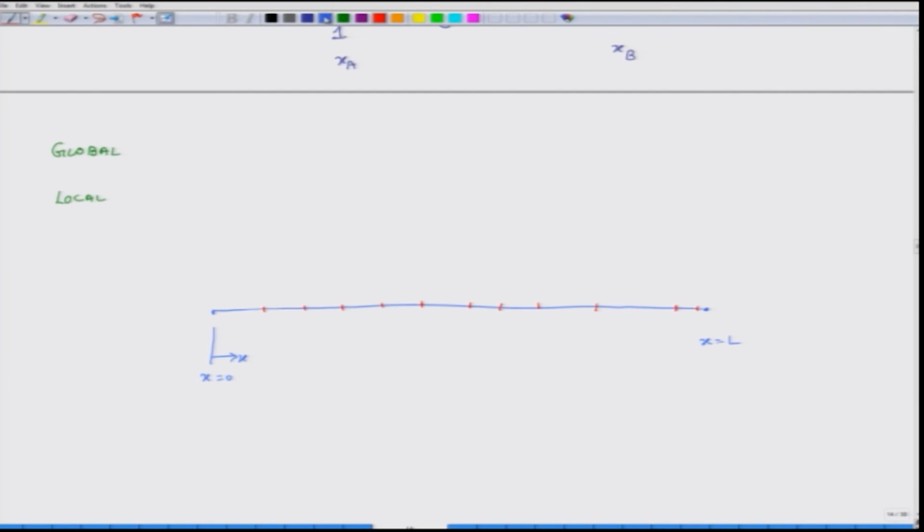Let us say the length of each element is h e, and this location is x A and this location is x B. These x A and x B are with reference to the global coordinate system.